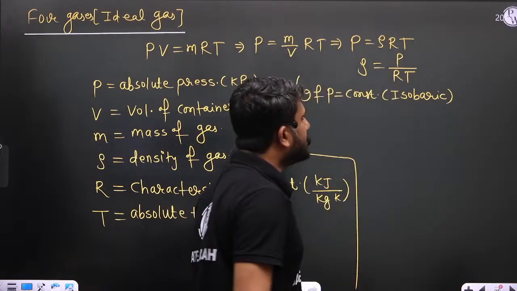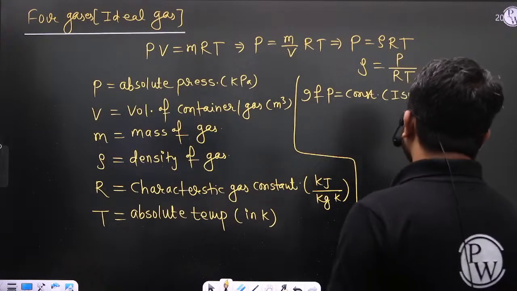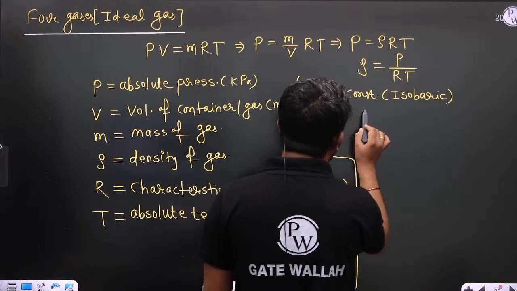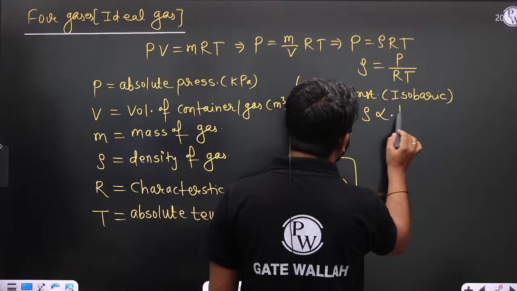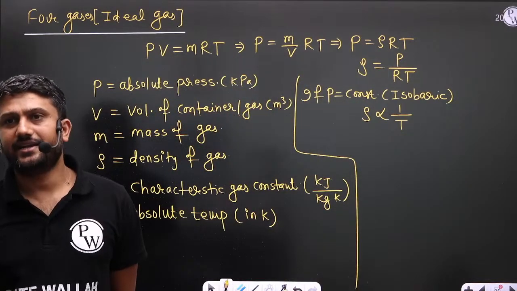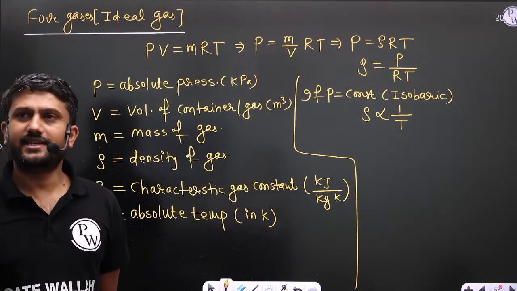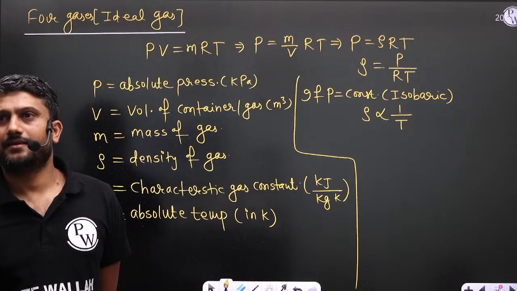So when pressure is constant, density is directly proportional to 1 by T. When you increase the temperature, density decreases.